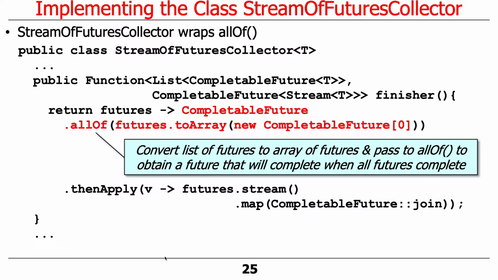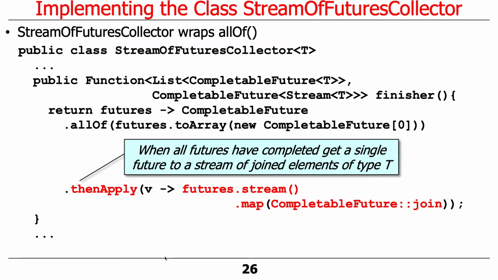If you recall what allOf does, allOf returns a single completable future that will be triggered when all the other completable futures in this array finish doing their computation. That single completable future is then processed by a completion stage method called thenApply, and this will get called when that single completable future completes, which means all the other completable futures are completed.